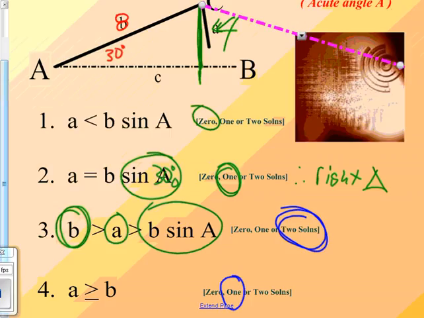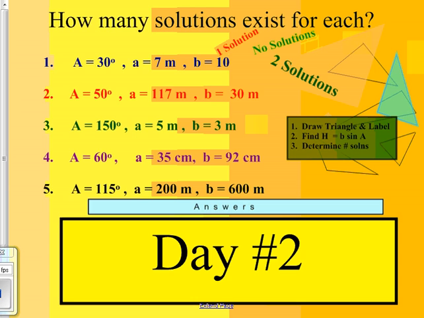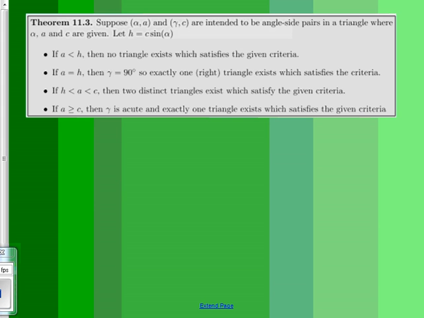Okay, that's a theorem. Let me show you where that theorem is. It's really scary looking. It's that one. I want you to take a moment and just read it.